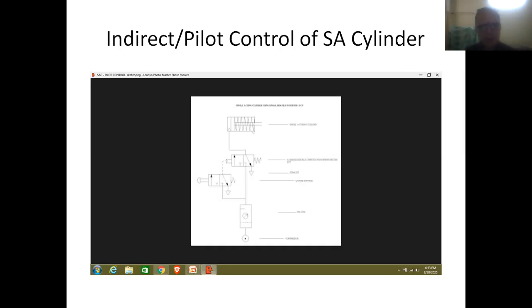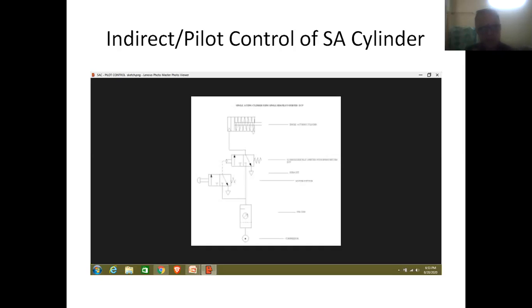And finally, friends, 2-way valves and 3-way valves are provided with only one outlet. So therefore, they are only suitable for controlling single acting cylinders as shown in the figure. And on the other hand, 4-way and 5-way valves are provided with 2 outlets. So therefore, they are used for controlling the action of double acting cylinders.